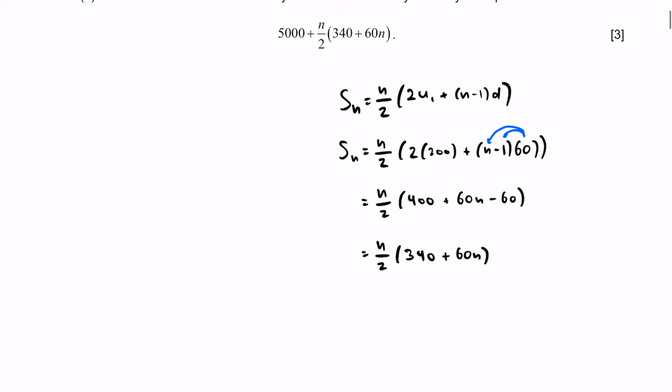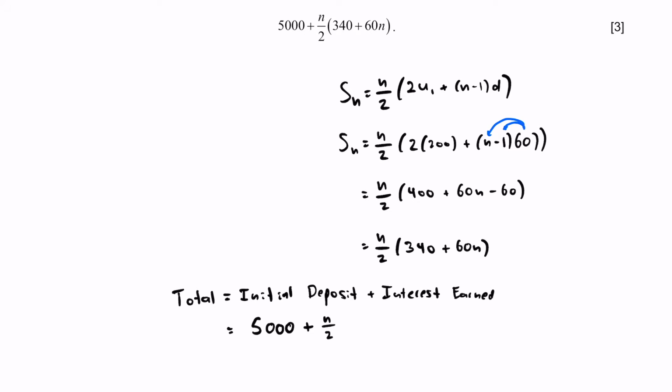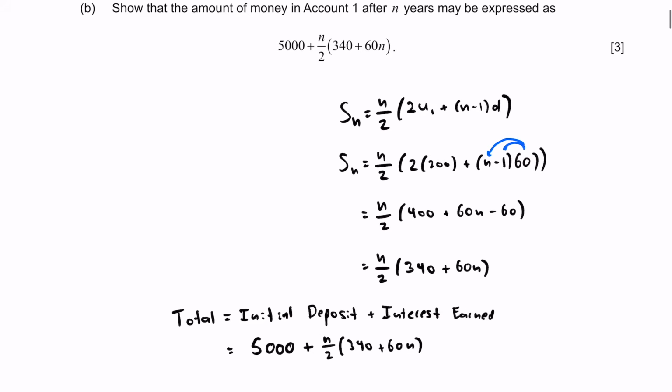So if we want to talk about the total, it will be the initial deposit plus the total interest earned. The initial deposit was itself $5,000, and the interest earned is n over 2 times 340 plus 60n, which is exactly what we see here.